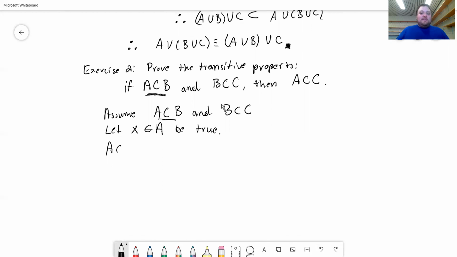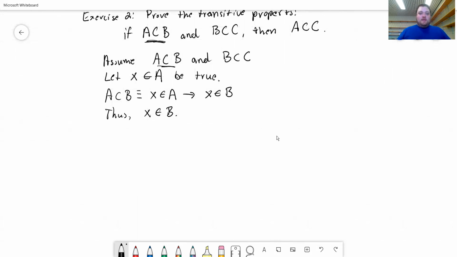And A is a subset of B is equivalent to saying that if X is an element of A, then X is an element of B. So because of this, we know, thus, X is an element of B, because we know it's an element of A, we've assumed that. Then we know X is also an element of B.